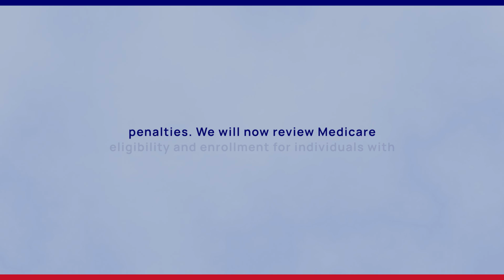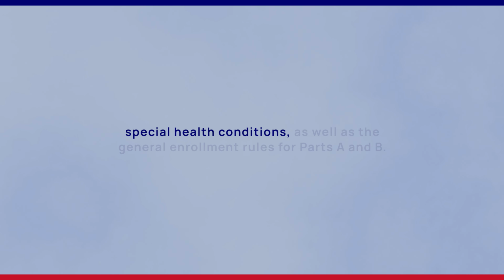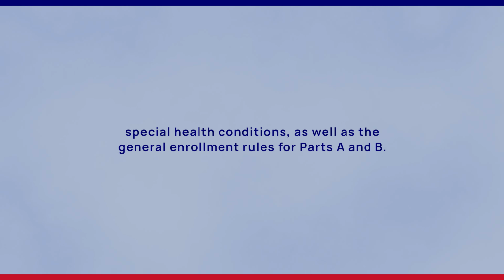We will now review Medicare eligibility and enrollment for individuals with special health conditions, as well as the general enrollment rules for Parts A and B. Individuals with end-stage renal disease, ESRD.